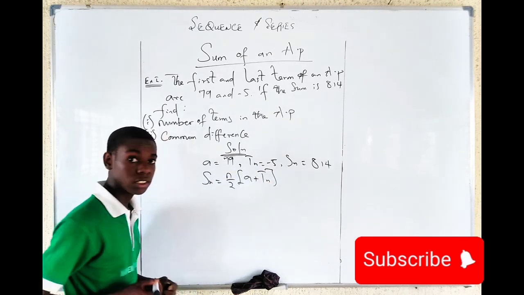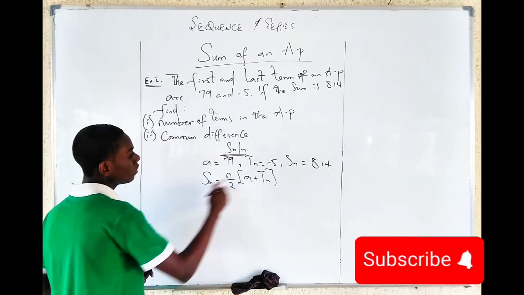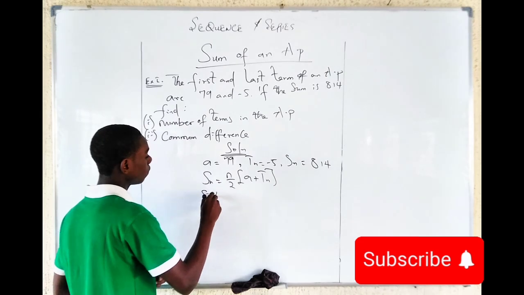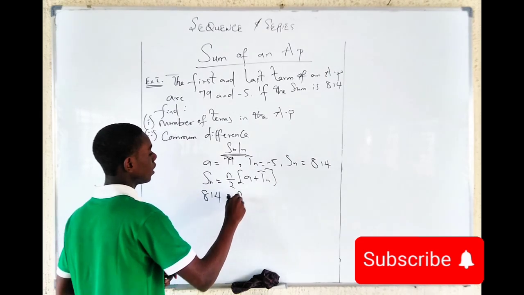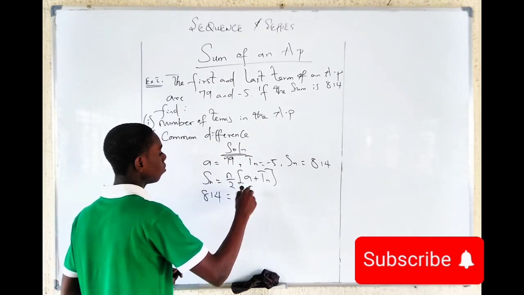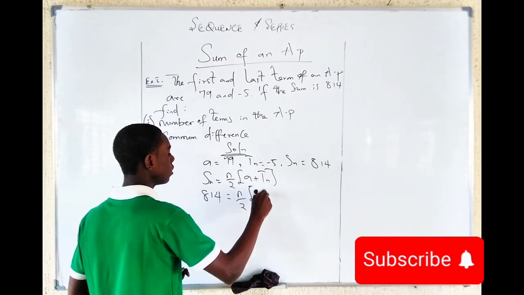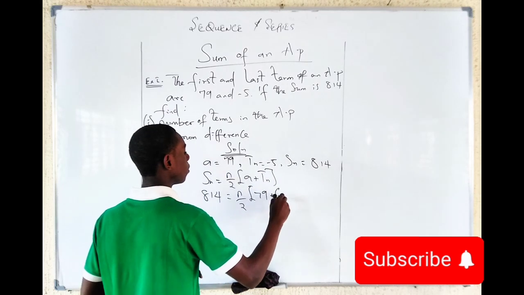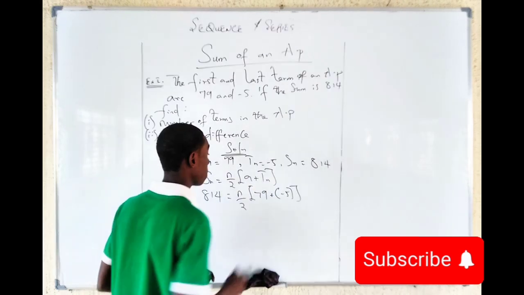T of n now is the last term. So solving this now, substitute all this. 814 will be equal to n all over 2 into A, which is 79, plus minus 5.